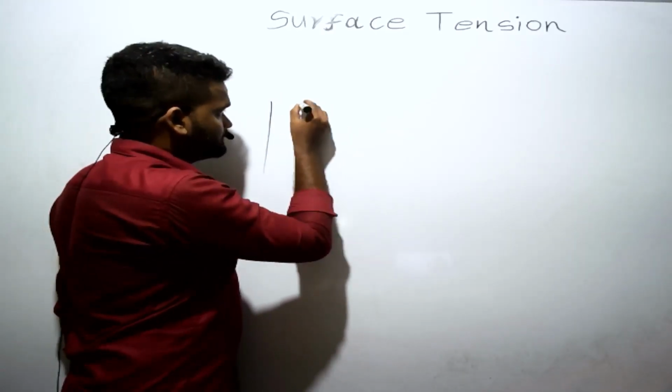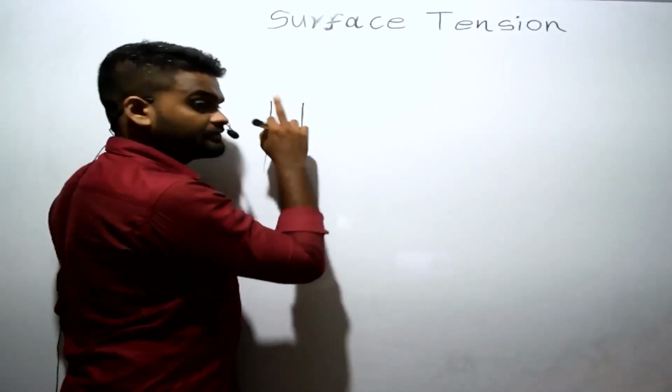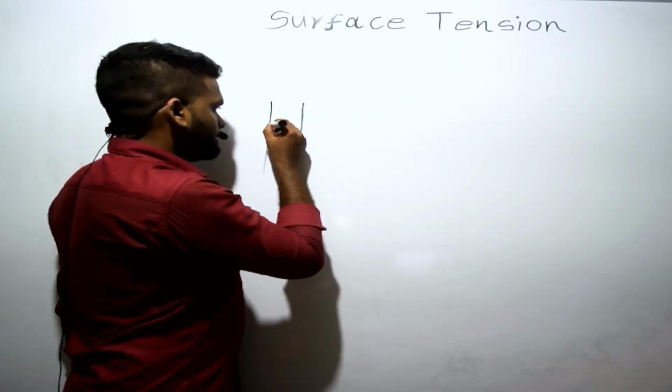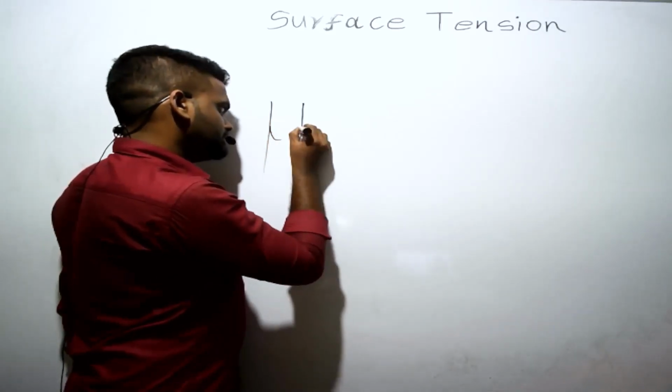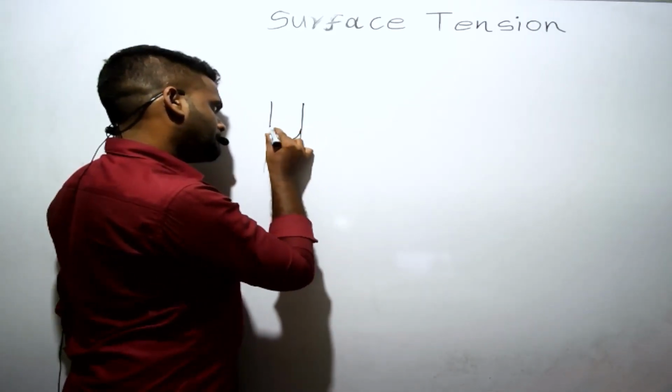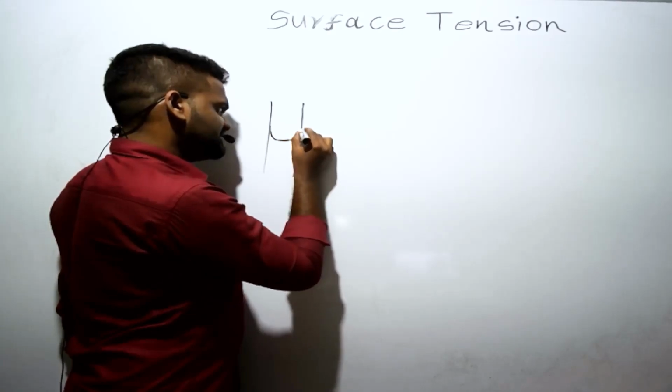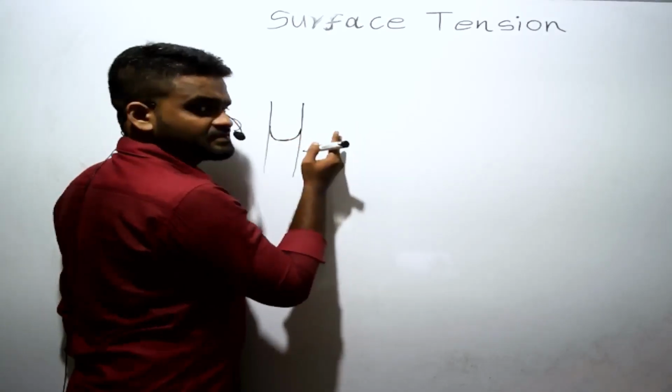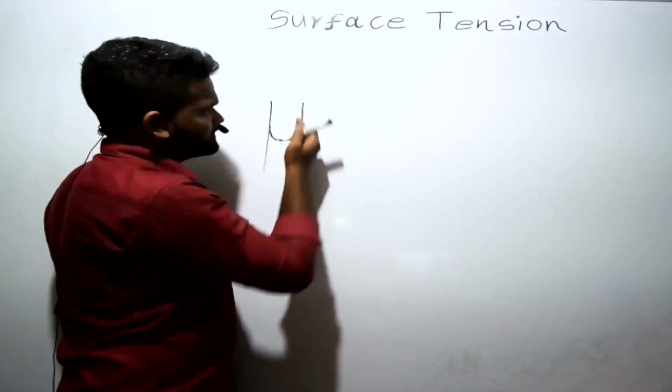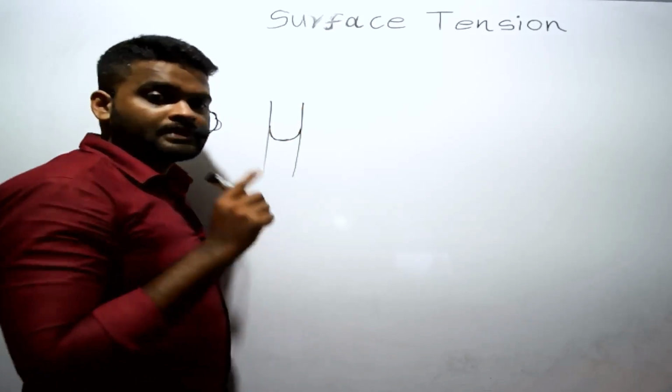If the glass tube is like this, for the first case, it is a hemispherical shape. Glass is very attractive to the benzene. I mean, benzene climbs and makes a hemispherical shape.